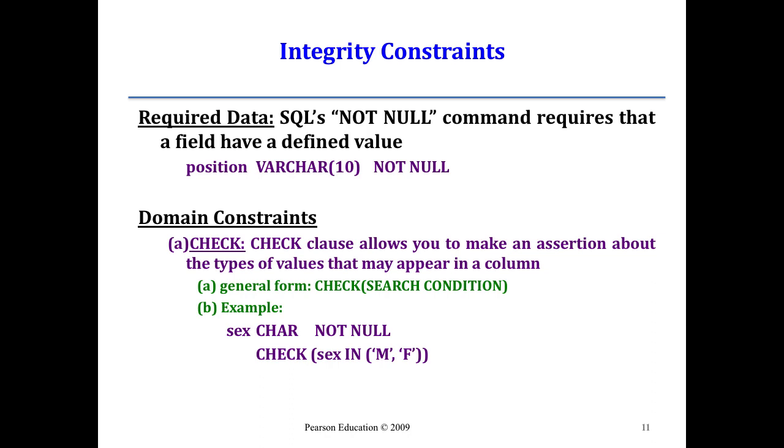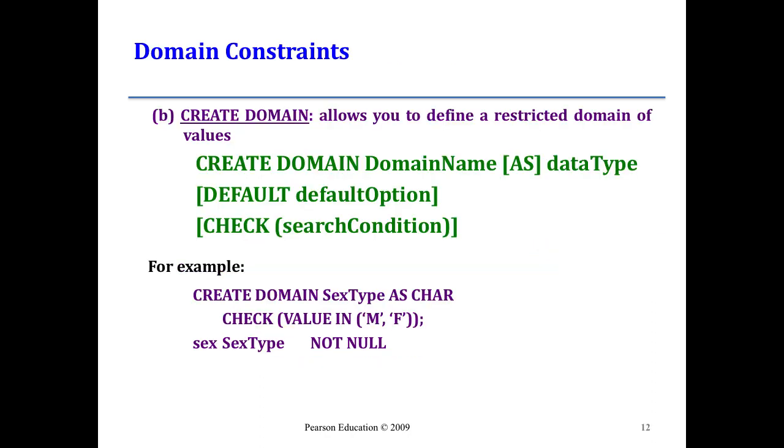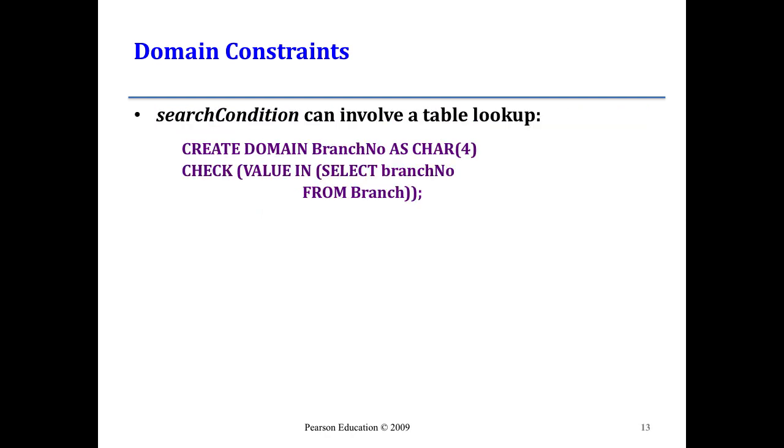So we're limiting the characters to M or F. Here's another one. We're checking to see if the value is in select branch number from branch. So we're selecting all the branch numbers from branch and saying that it can be any value that's in branch number currently.